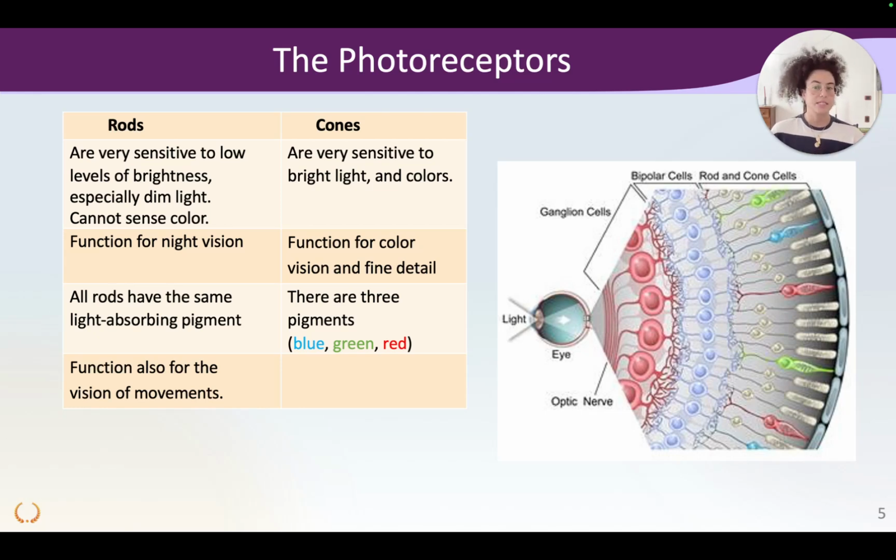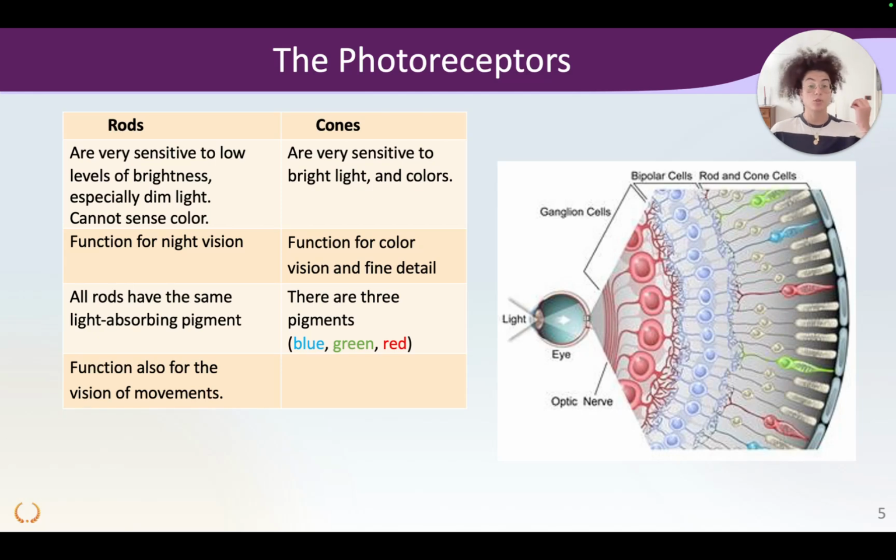Rods are very sensitive to low levels of brightness, so they are specialized in night vision. They cannot see color. They all have the same light absorbing pigment, and that allows us to also see movement. Cones, on the other hand, are very sensitive to bright light and colors.